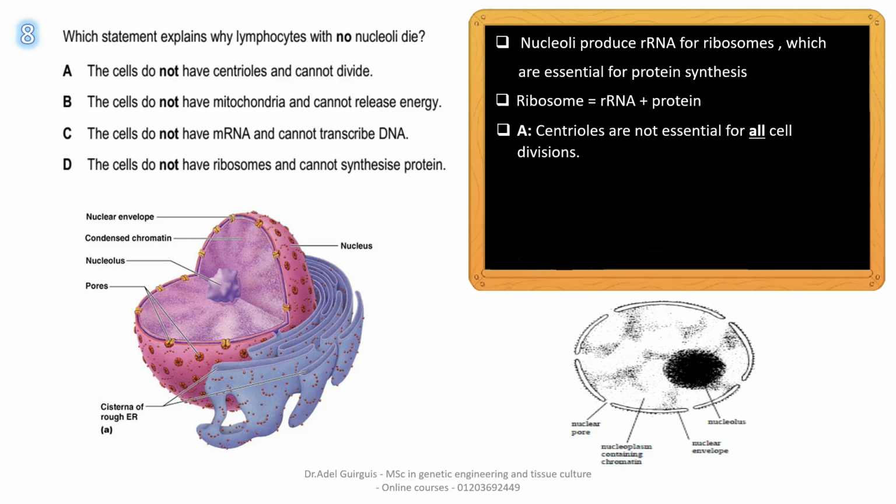What's the clue of this statement? Advanced plant cells are devoid of centrioles, although they are able to divide, they are able to produce spindle fibers even though they have no centrioles. So centrioles are not essential for all cell divisions.